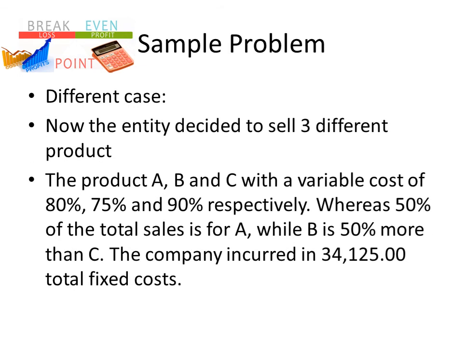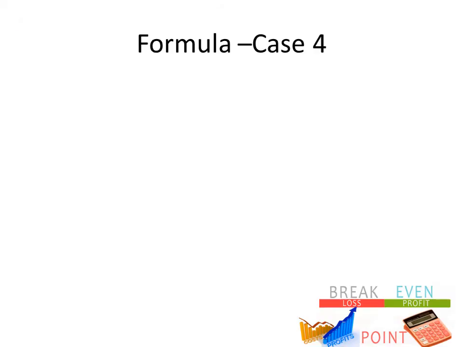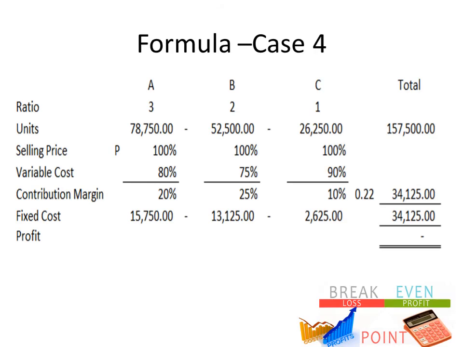Different case. Suppose products A, B, and C have a variable cost of 80%, 75%, and 90% respectively, whereas 50% of the total sales is A, while B is 50% more than C. The company incurred 34,125 in total fixed cost. So this time, the ratio would be A composed of half of the sales.